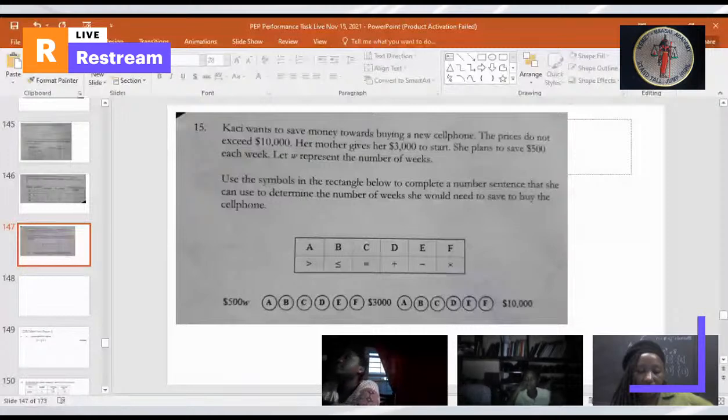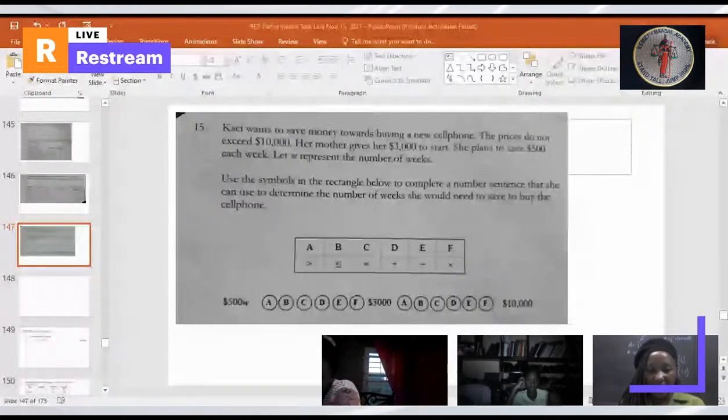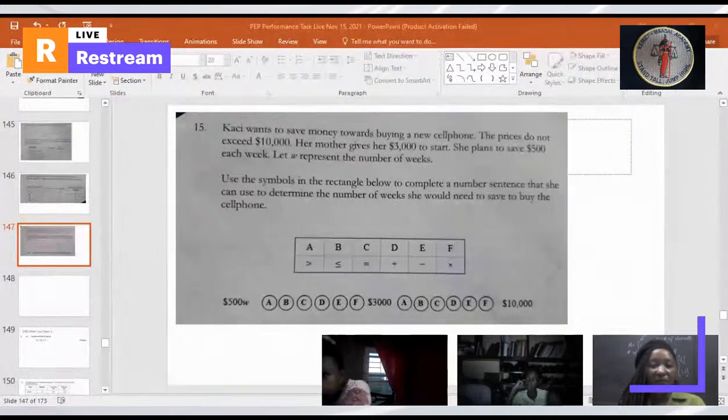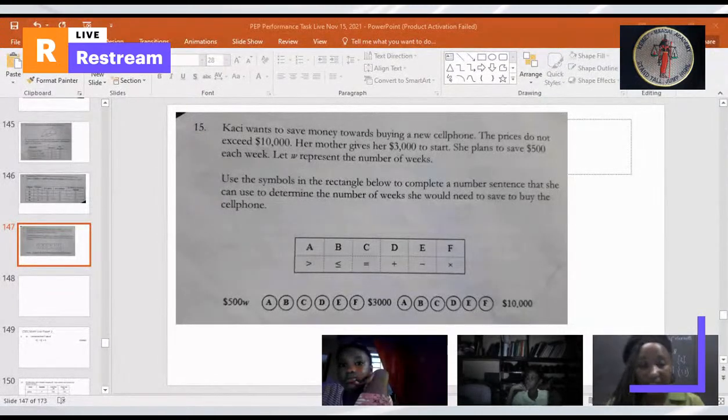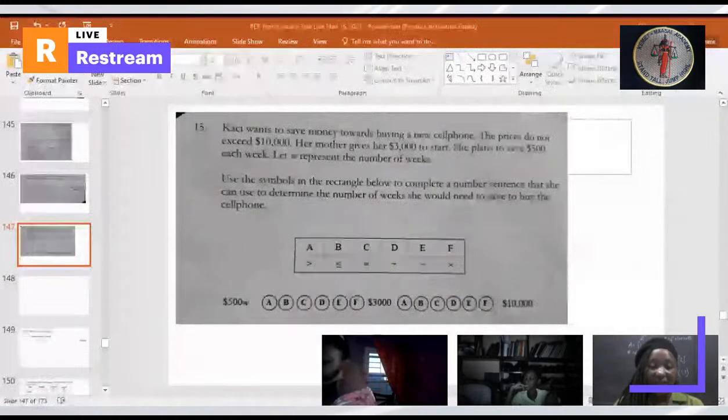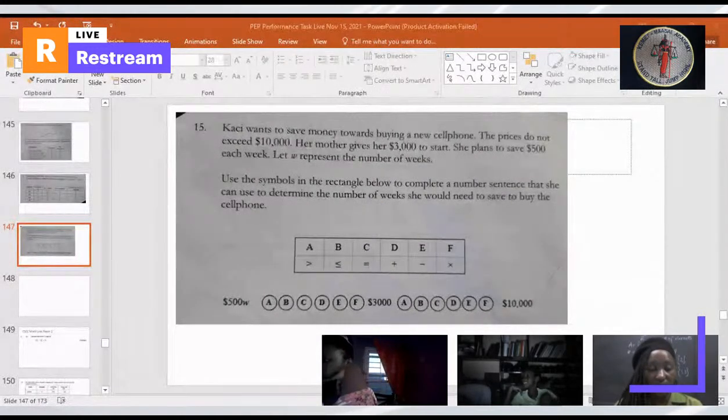All right, so that's the 15 questions from the sample batch issued by the ministry for practice for the PEP curriculum-based test. The curriculum-based test in mathematics, as the name suggests, is taken from the curriculum.